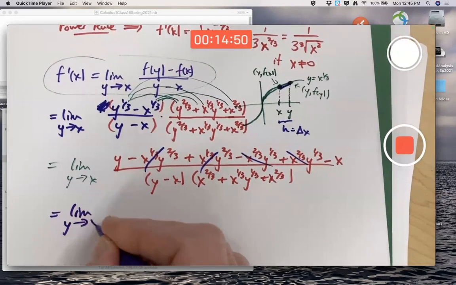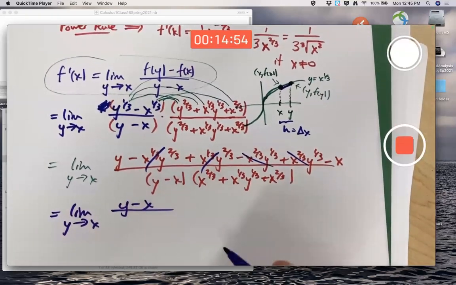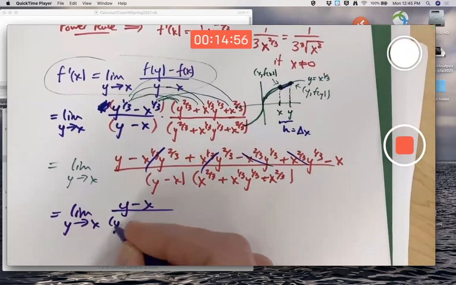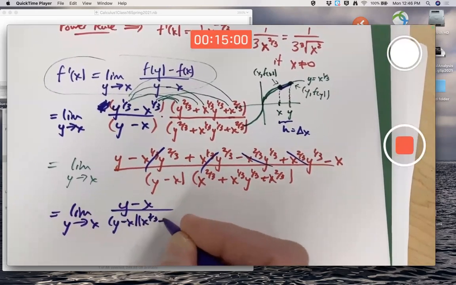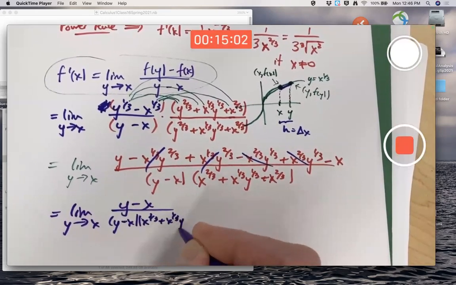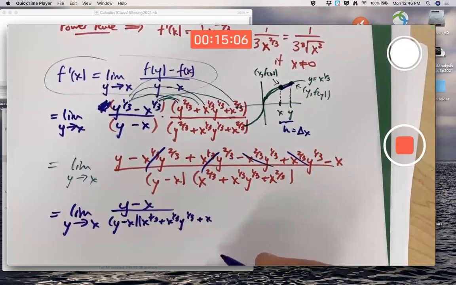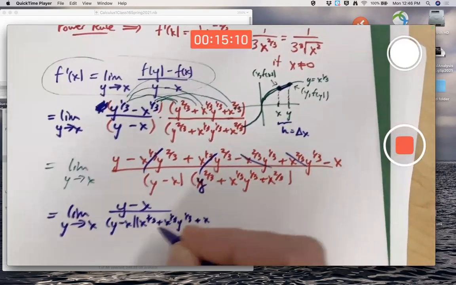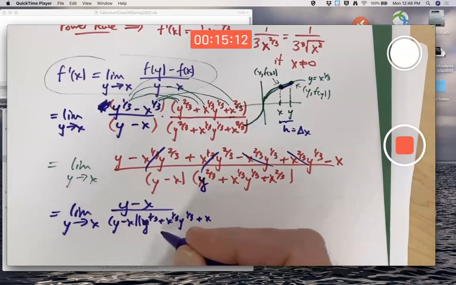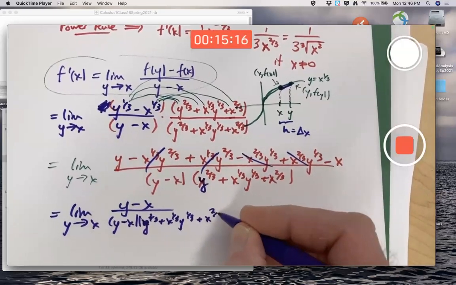What are we left with on the bottom? Well, we didn't cancel anything yet, right? That's still y minus x times x to the 2/3 plus x to the 1/3 y to the 1/3 plus y to the 2/3. There's a mistake here, there should be a y.